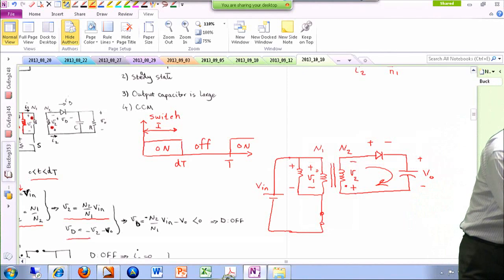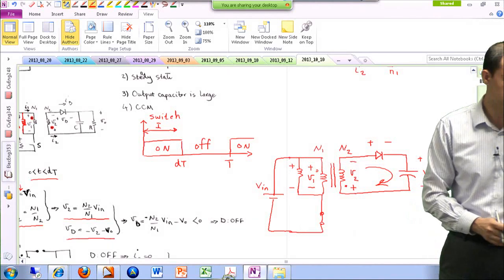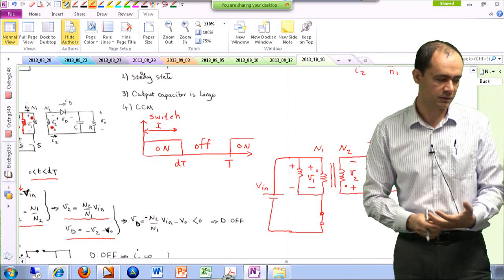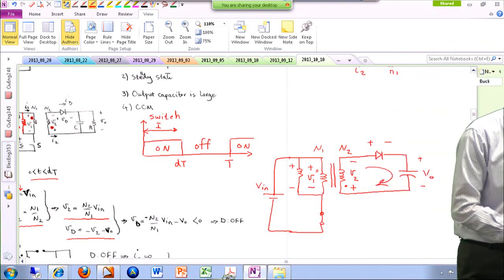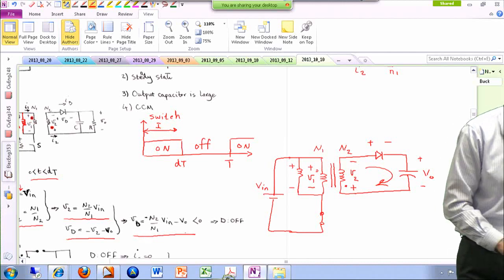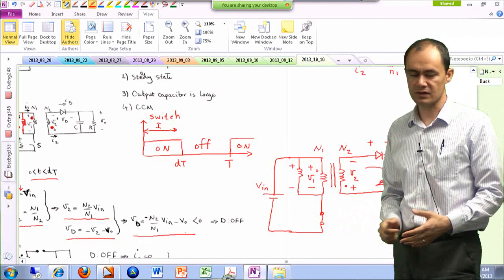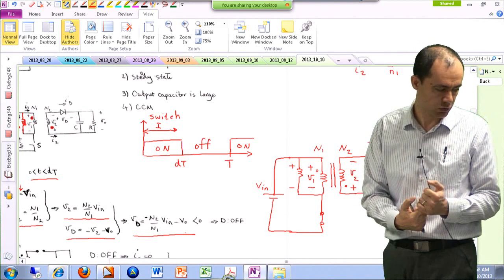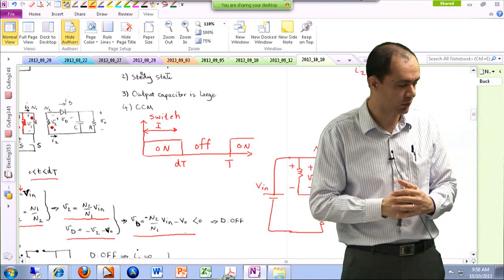And this is the equation over here. The voltage across the diode is negative V2 minus Vout. For V2, I'm going to replace N2 over N1 times Vin, and you can see the whole thing is negative, assuming that Vout is also positive, and later we are going to confirm that.